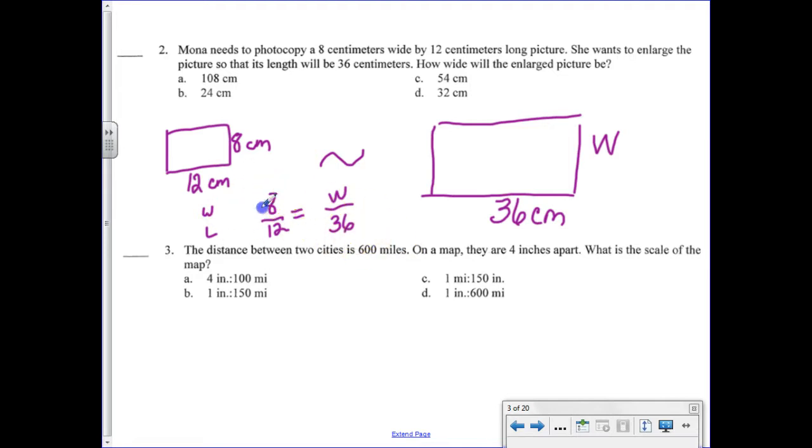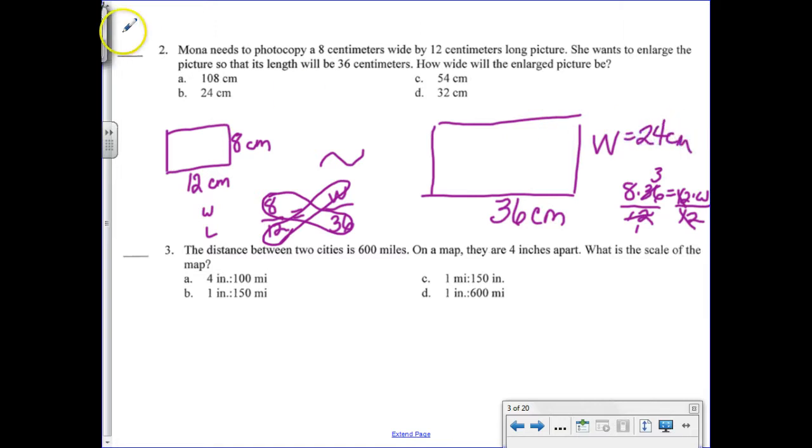Okay, cross products will work. 8 times 36 has to equal 12 times W. Now, in the olden days, we wouldn't go ahead and multiply the 8 times the 36 yet, because I know I'm going to have to divide by 12. And when I do that, that simplifies to, let's see, 12 into 36 is 3. You should get exactly 24. That this is 24 centimeters, which happens to be choice B.